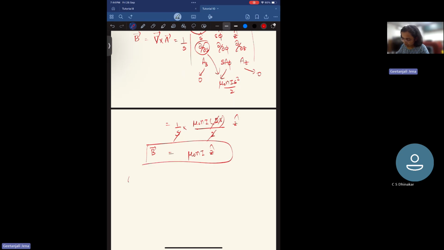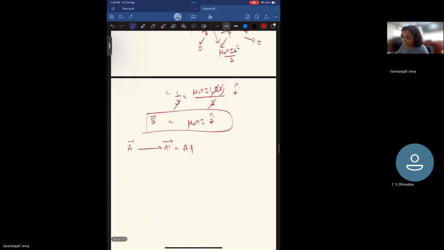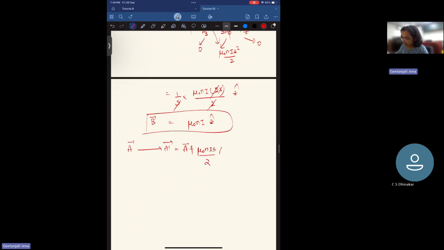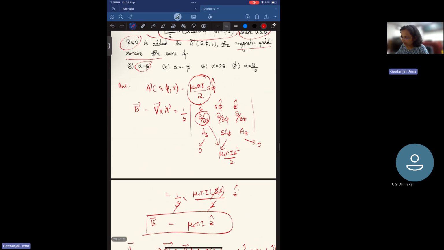Now we are changing the potential A to A prime. This is A plus, we are adding mu naught n I s by 2 times alpha cos phi cap plus beta sin phi s cap. A is also given as mu naught n I s by 2 phi cap.